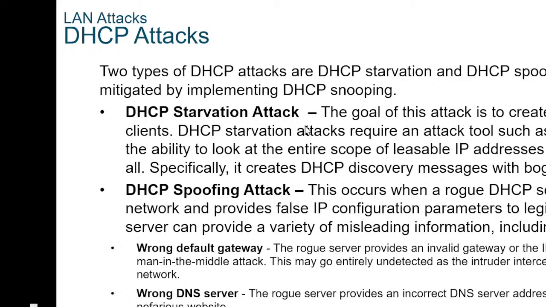So, DHCP starvation, a little bit different. What I'm trying to do in this case, with an attack tool called Gobbler, is lease all of the IP addresses in the DHCP range and just make tons of them. It also could end up filling up an ARP cache.